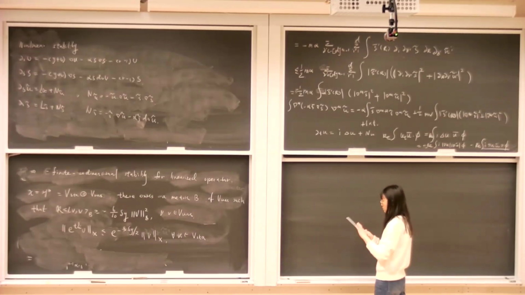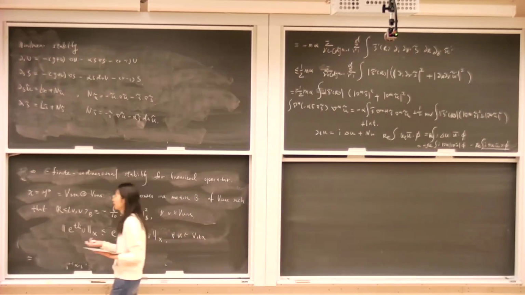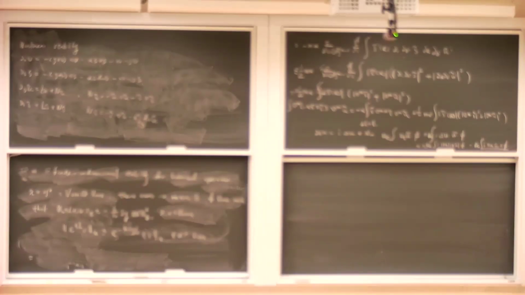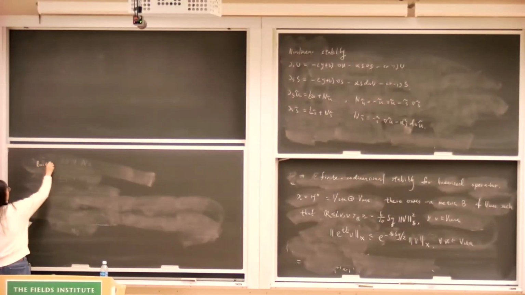Okay, so let's do the bootstrap arguments and all those estimates. First we want to give a sequence of parameters that we want to use to bootstrap. There include several small parameters and several large parameters. So first, the delta G is something between 0 and 1.